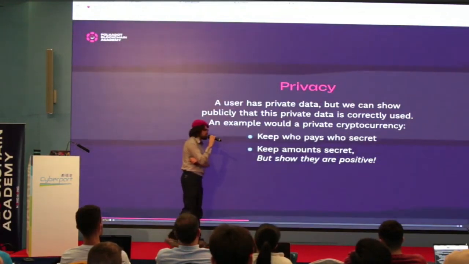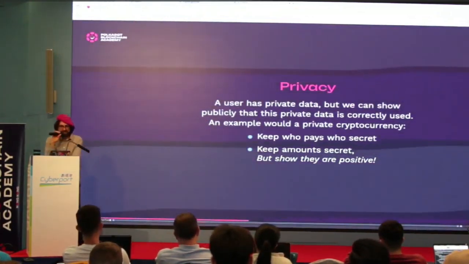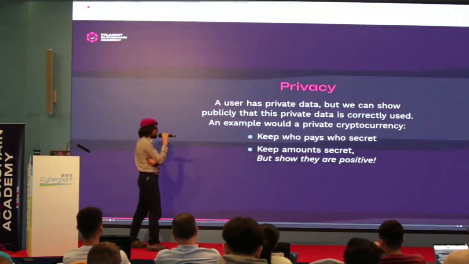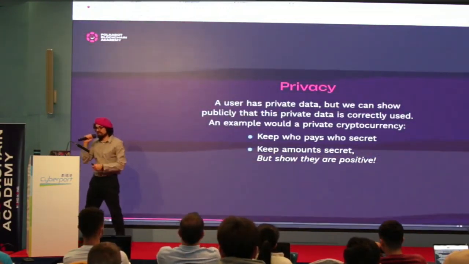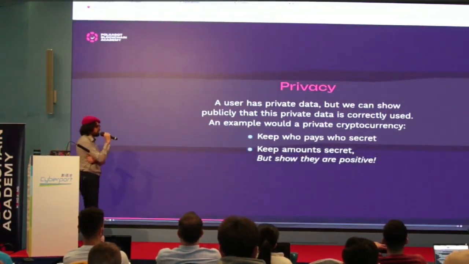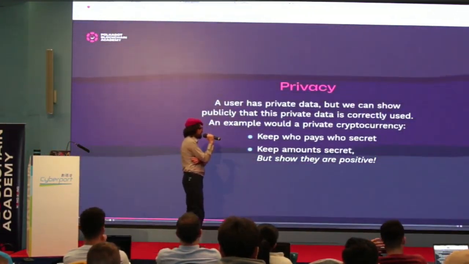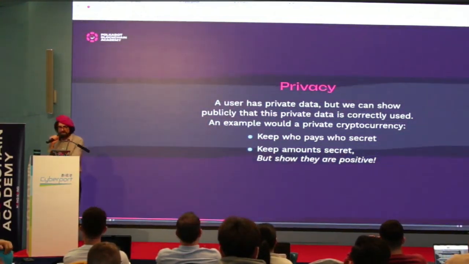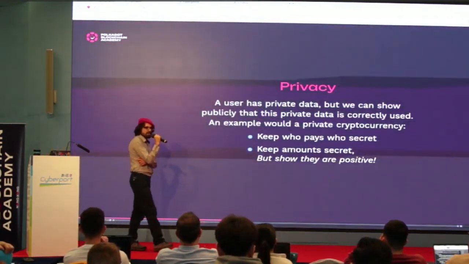It's a secret transaction. You don't want people to know that you made the transaction, the destination, or the amount. But still, you want them to know that you followed the rules: the account wasn't empty, there was a positive money amount in it, you transferred the positive amount to another account, and you decreased that amount from the first account. All these values are secret, but the conditions are not secret.